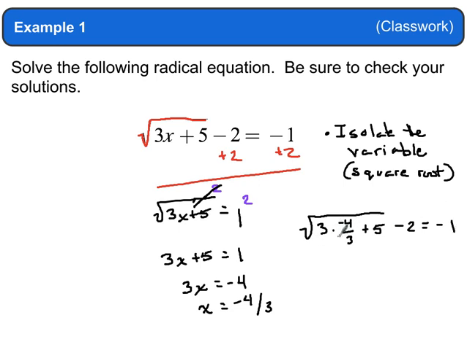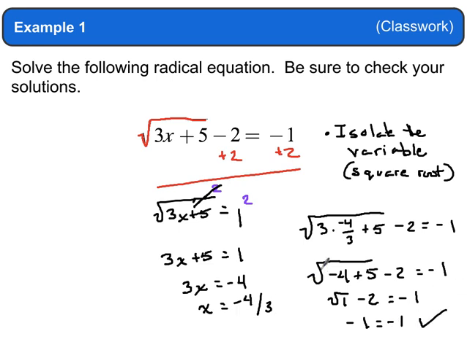So 3 times negative 4/3 you would get negative 4, and then you'd have plus 5, with a minus 2. Again, we're trying to see if it equals negative 1. So this becomes the square root of 1 minus 2 equals negative 1. And this does, in fact, equal negative 1. Since that is true, negative 4/3 is, in fact, our answer in the given case.